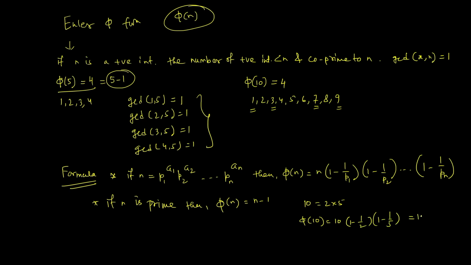That is 10 times half times 4 by 5, which ultimately gives 4. So we already got this 4. If the number is a large number, one can easily apply this formula, and if it is a prime number, then the other formula. These two are important formulas.